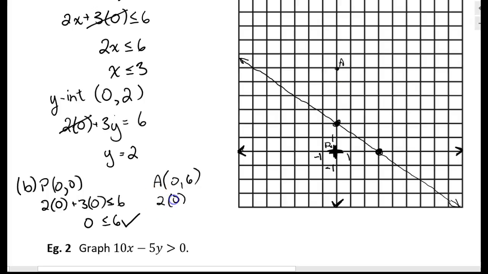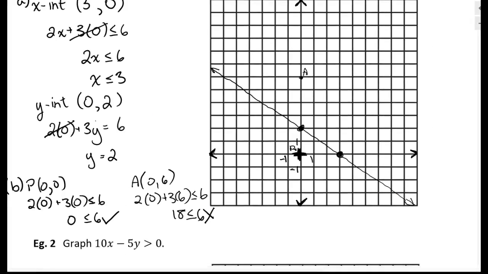So 2 times 0 plus 3 times 6 is less than or equal to 6. That's 18 is less than or equal to 6. That is not true. So I know that my solution region is below the line.